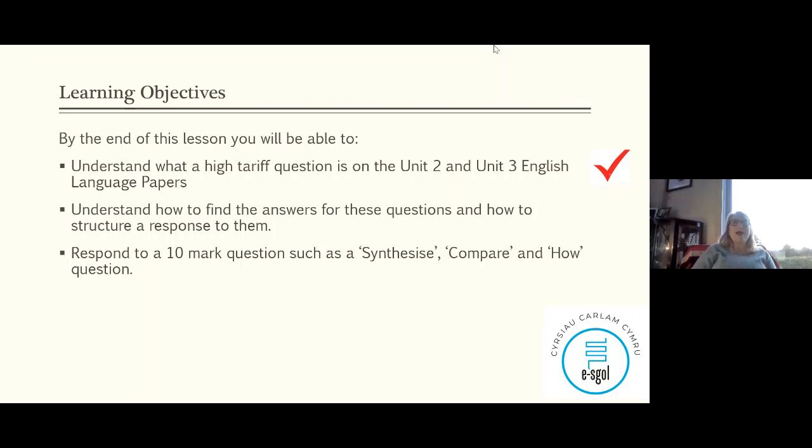So you need to be aware of those, but the responses and the way you set them out are very similar. Understand how to find the answer to these questions, how to structure a response. I hope I've guided you through that. And then respond to a 10-mark question such as synthesize, compare and how. So again, hopefully I've responded to that for you and you're able to do that.